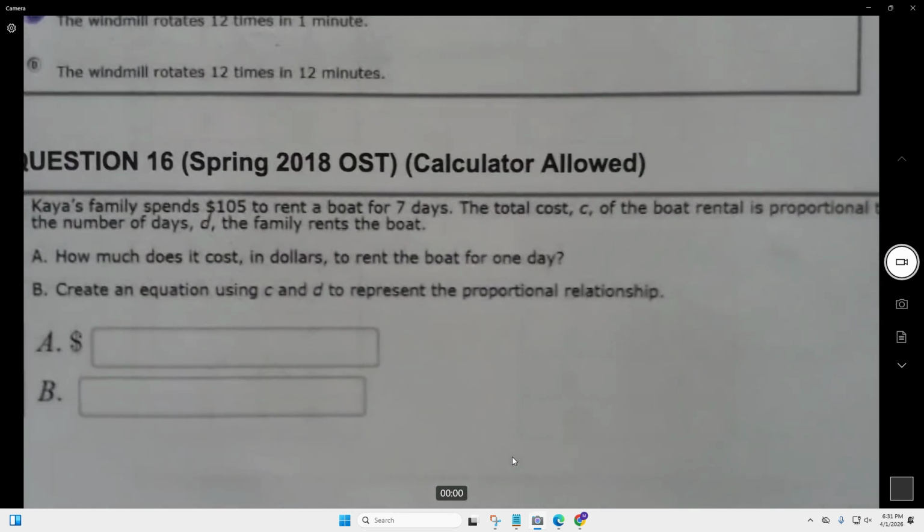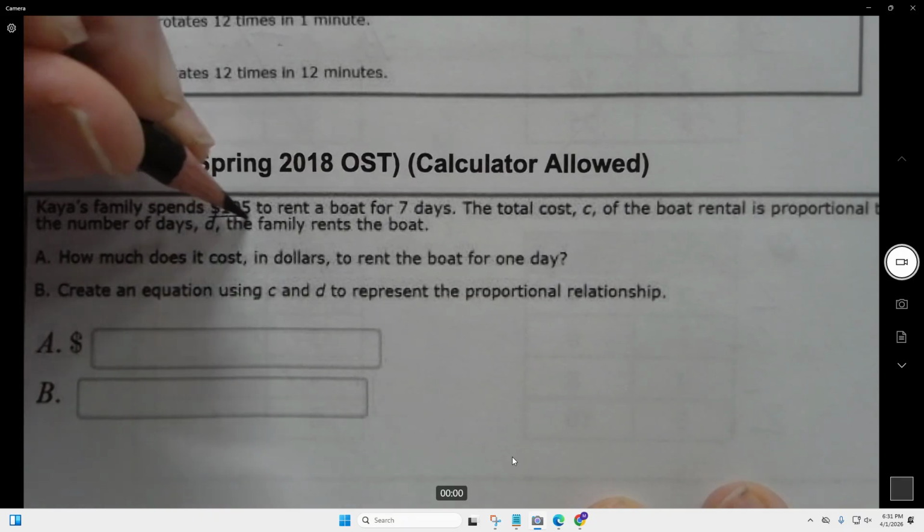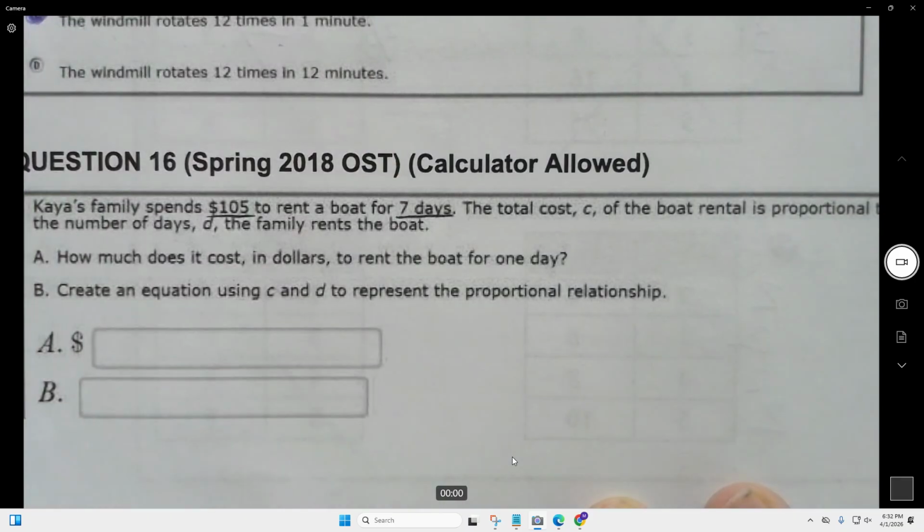Question 16. Calculator allowed. A family spends $105 to rent a boat for 7 days. The total cost, C, of the boat rental is proportional to the number of days, D, the family wants to rent the boat. How much does it cost in dollars to rent the boat for 1 day? So it costs $105 to rent for 7 days.